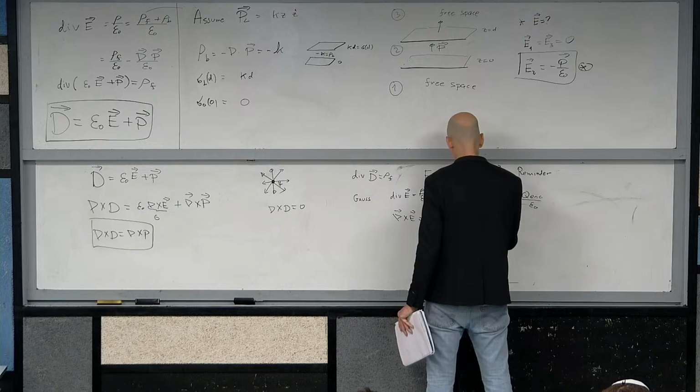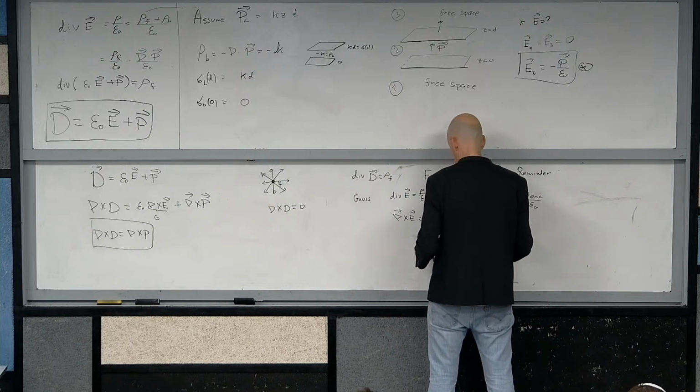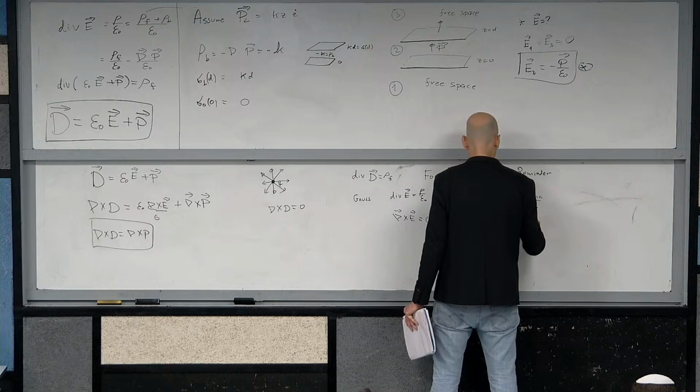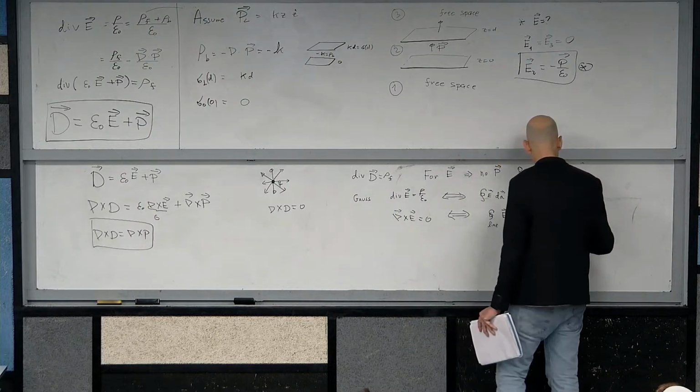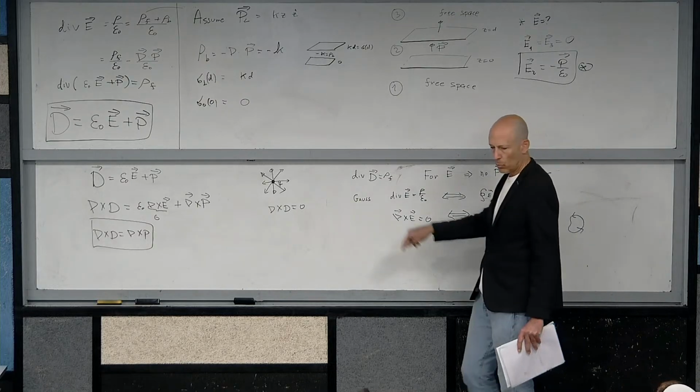And then in the integral form, we get this line integral, the integral of E dL equals 0 when we close a line, so we do an integral over a closed line with an electric field.